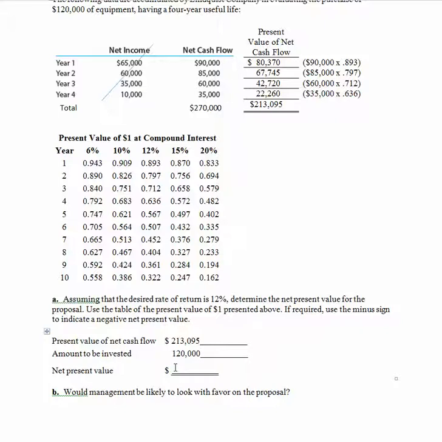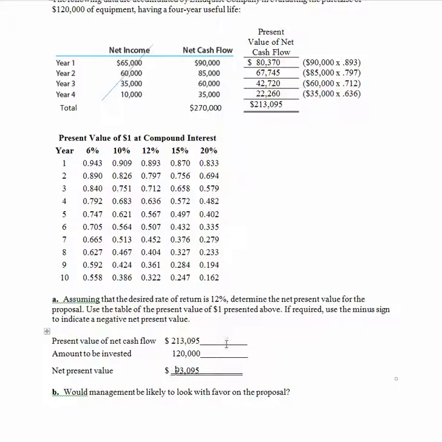We're going to subtract those two, and we get what is called the net present value of $93,095.